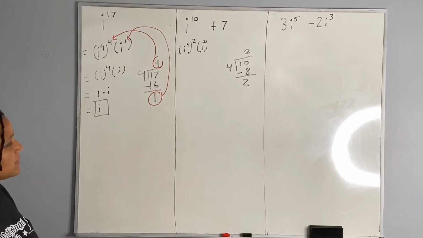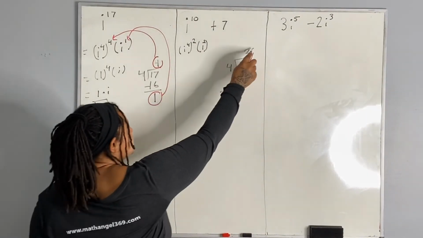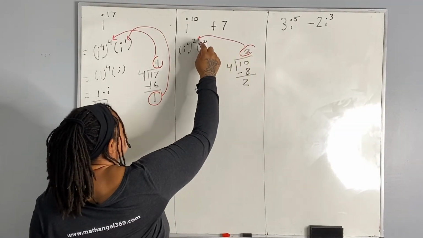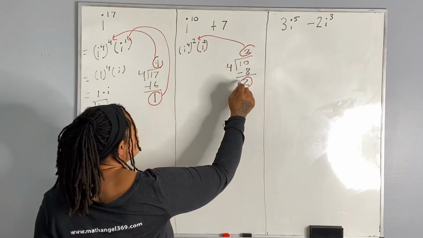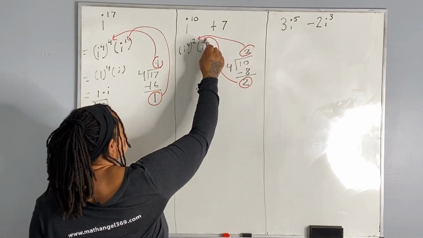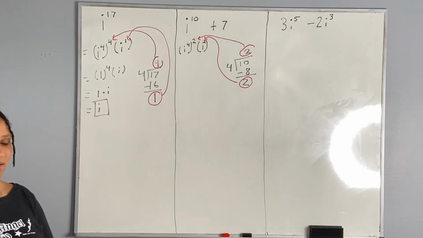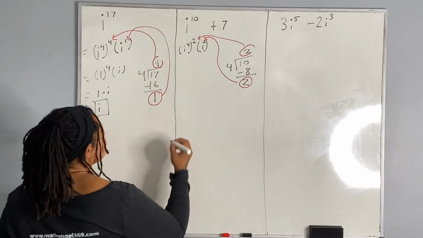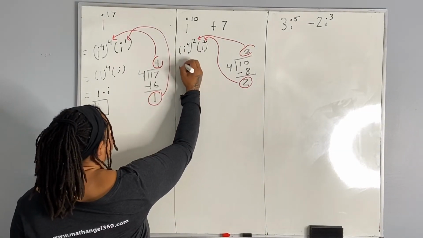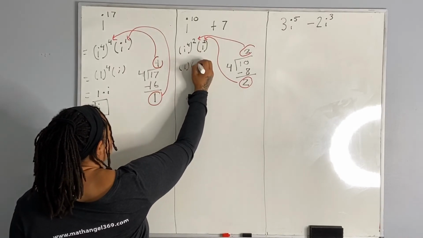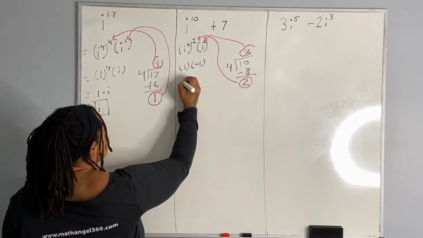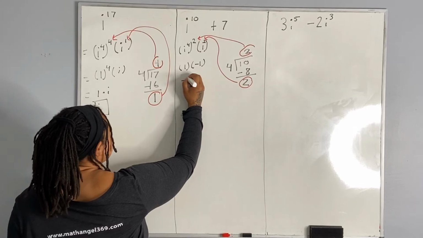squared, okay? So this first 2 is written out here, and the second 2 is written for this second i, okay? So now we can say i to the fourth is just 1. i squared is -1. So we have -1.